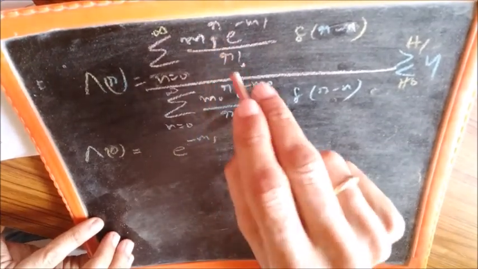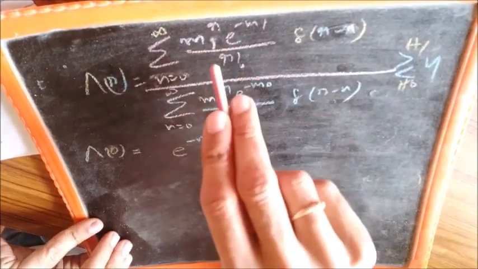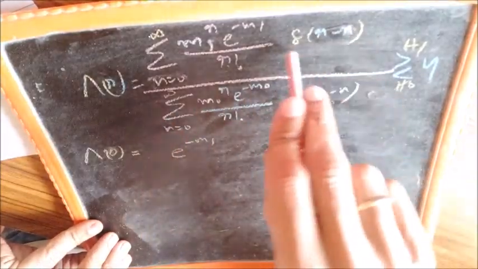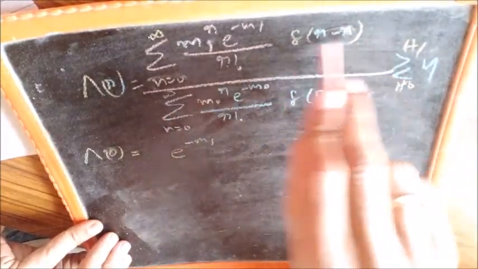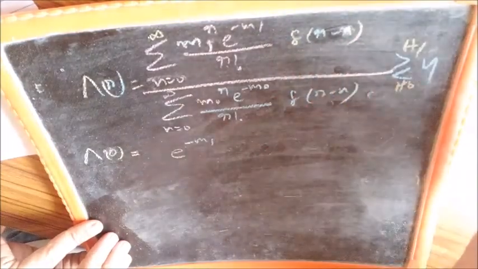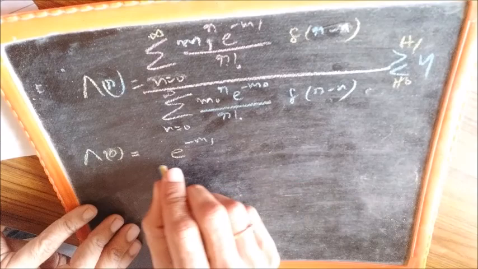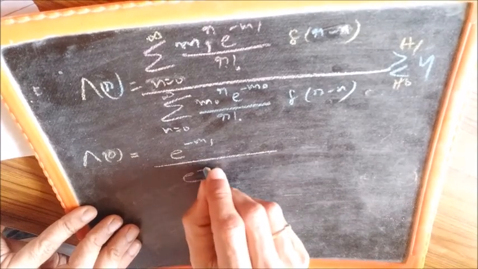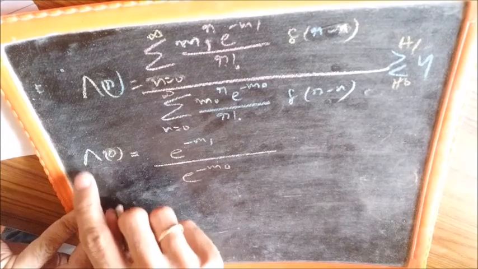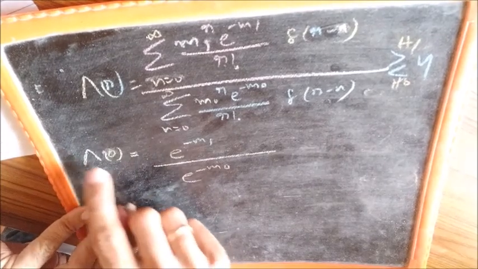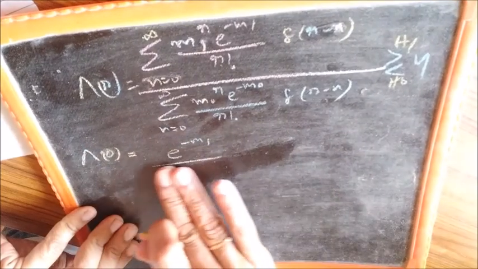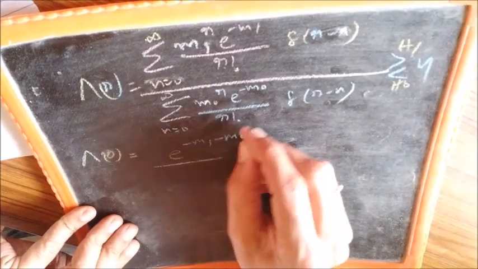So m1 raised to 0 is 1, r0 factorial is 1. And the impulse will exist only for n equal to 0 because r is 0. And similarly, by the same argument in the denominator, we will have only e raised to minus m0. So this is the likelihood ratio for R0.